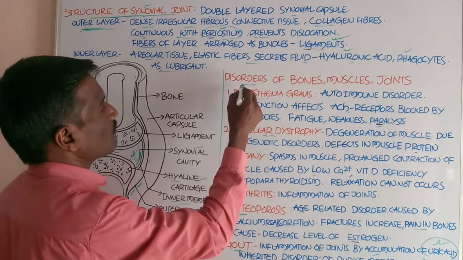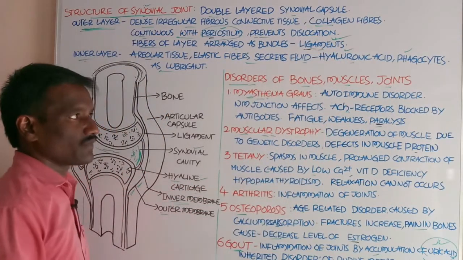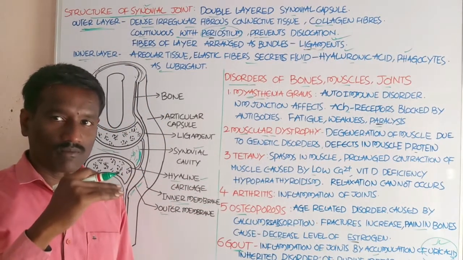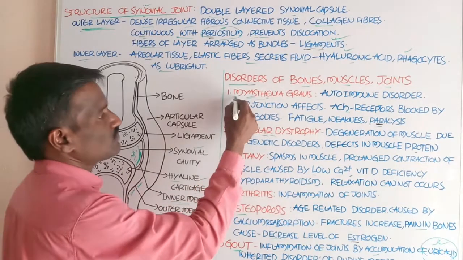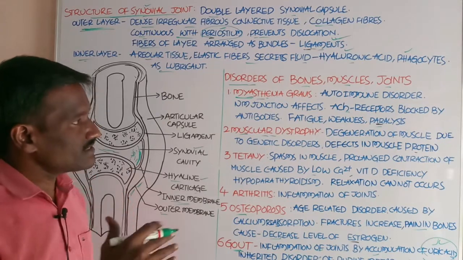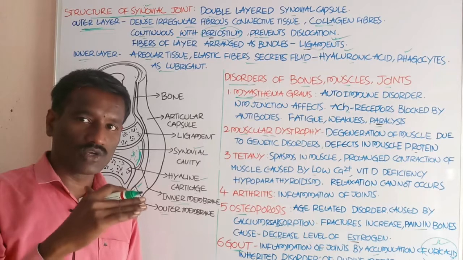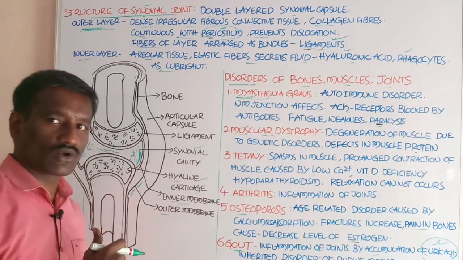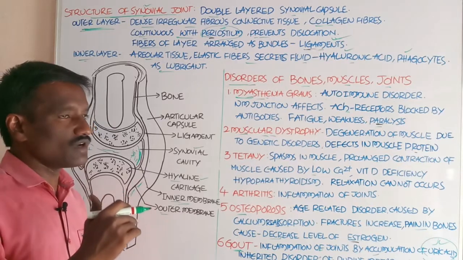Next, disorders of bones, muscles and joints. First, what about myasthenia gravis? Myasthenia gravis is a best example of an autoimmune disorder.